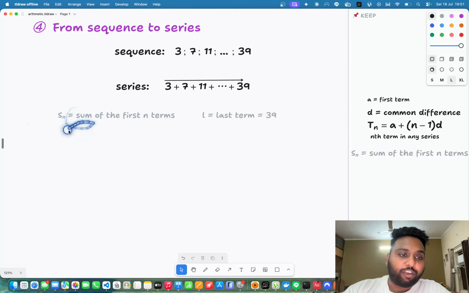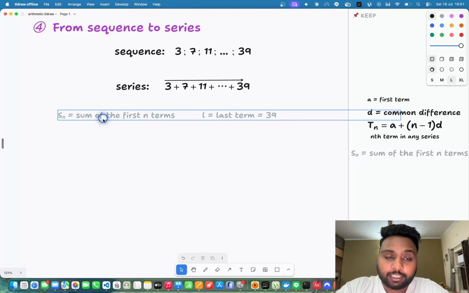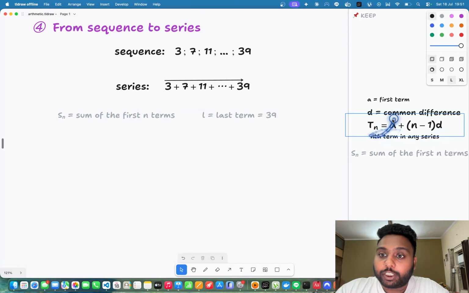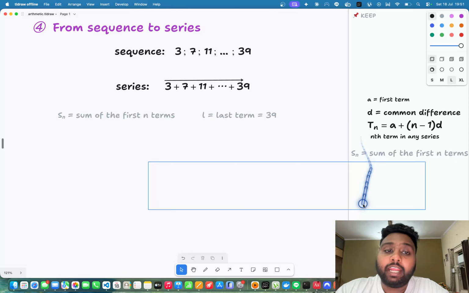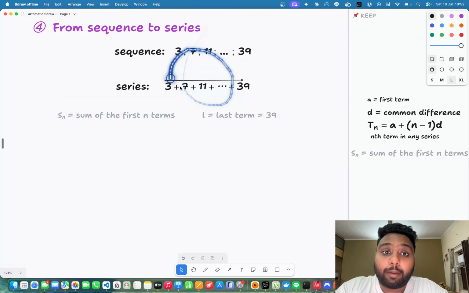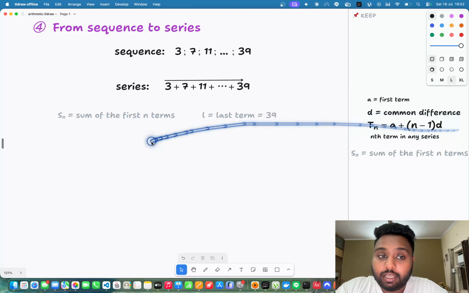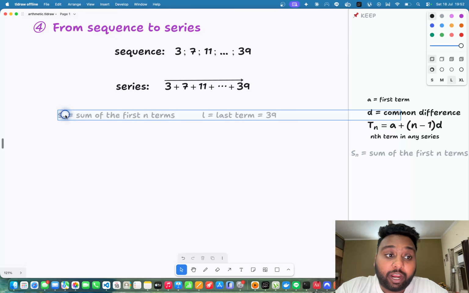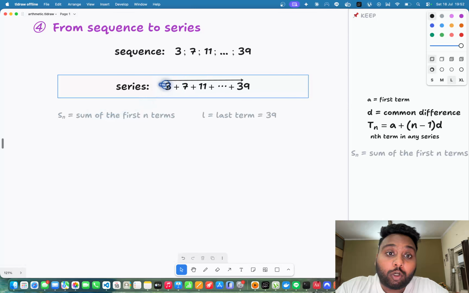So now why do we have these, and what are the questions in the exam going to look like? Just like we had a general formula for any term that appears in a sequence or a series, we need to find a general formula to sum up the whole series up to any n terms.